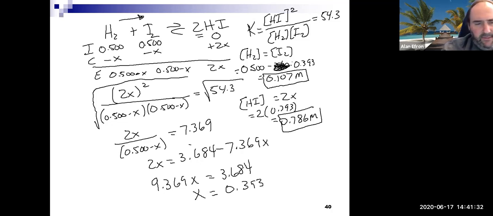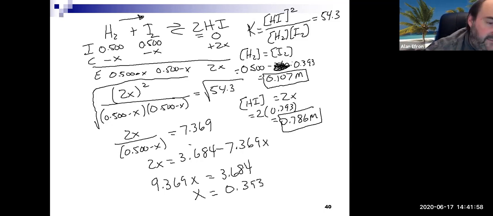So this is a good point to talk about Q just for a second. This is a place where Q could come into play. And that's a situation where you're given the starting amounts of everybody, and it will help you determine which way the reaction is going.